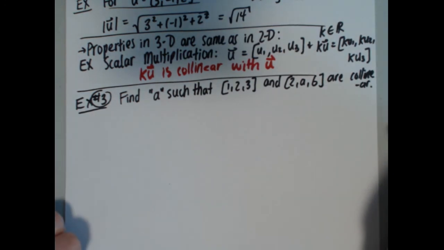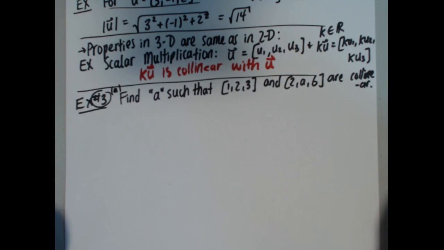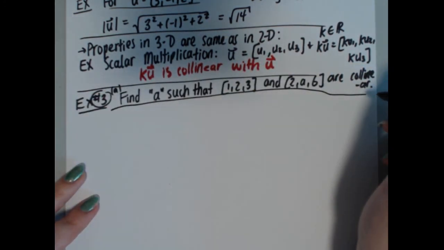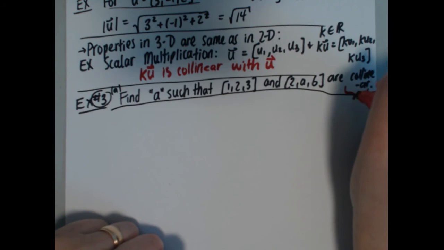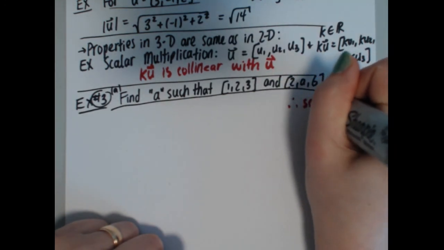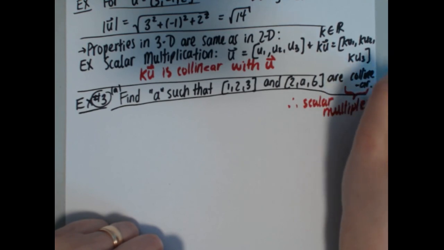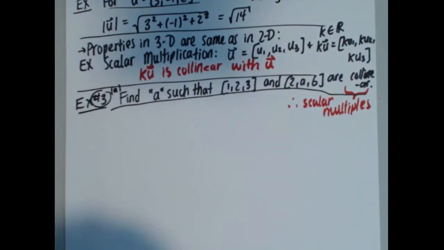That's going to be part A of the problem. Remember, if they're collinear, that means they're also parallel, and that also means they're scalar multiples of each other. We just saw that here: scalar multiples means they're collinear. So therefore, collinear means they're scalar multiples.